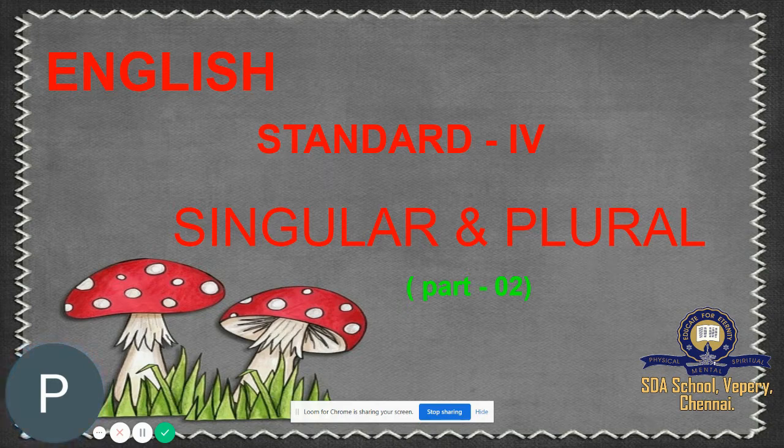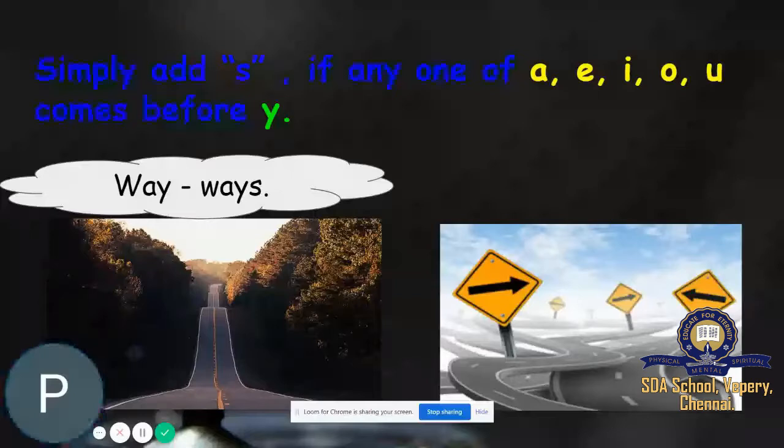Very good. So, in today's class, we are going to learn how to add s if any one of the vowels A, E, I, O, U comes before Y, we have to add s at the end.